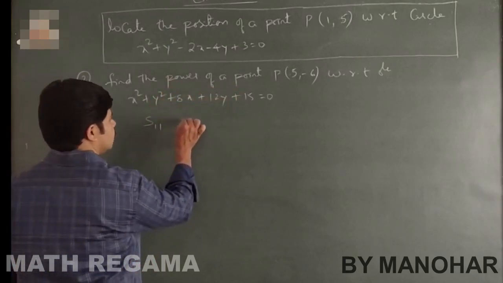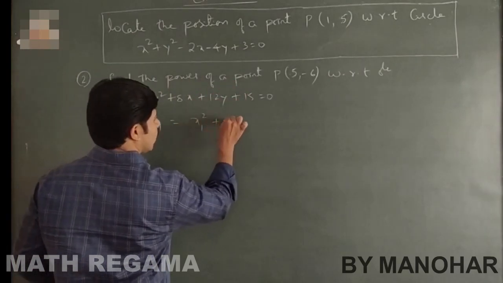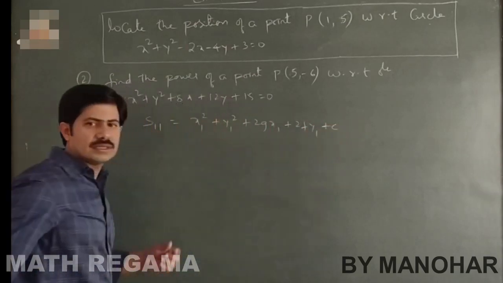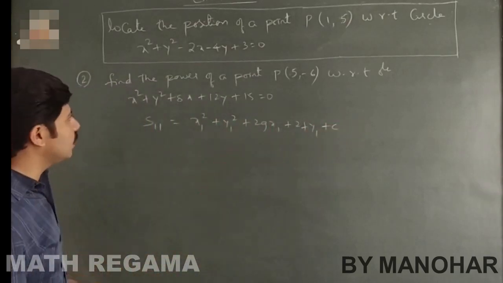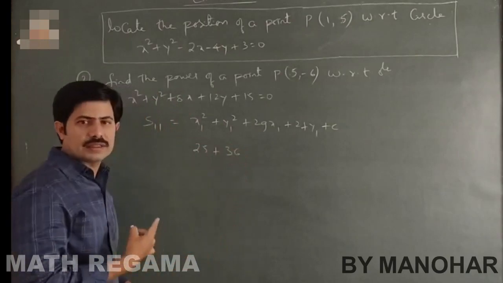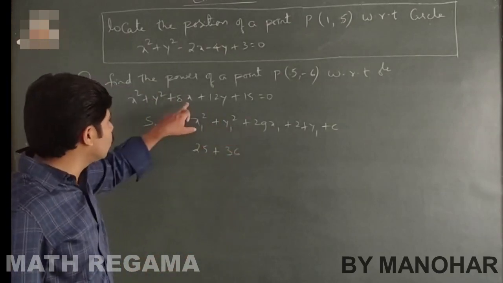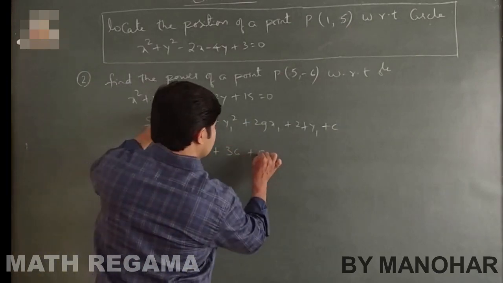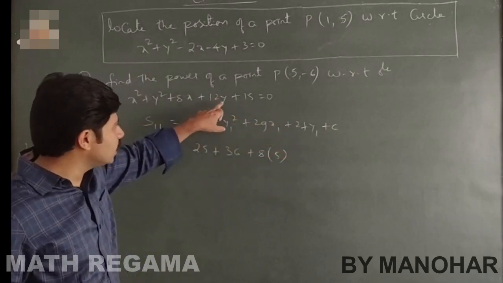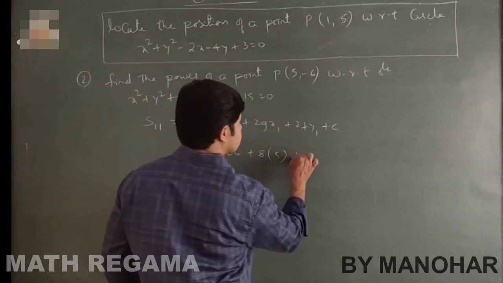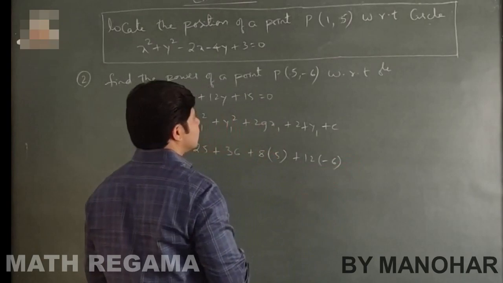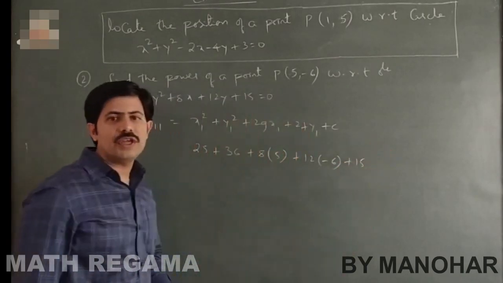So S11 is x1 square plus y1 square plus 2gx1 plus 2fy1 plus c. Now we substitute 5 square, 25, minus 6 square, 36. 2g is the coefficient of x, so 8 into 5. 2f is the coefficient of y, 12, so it is 12 into minus 6, plus c, that means plus 15.